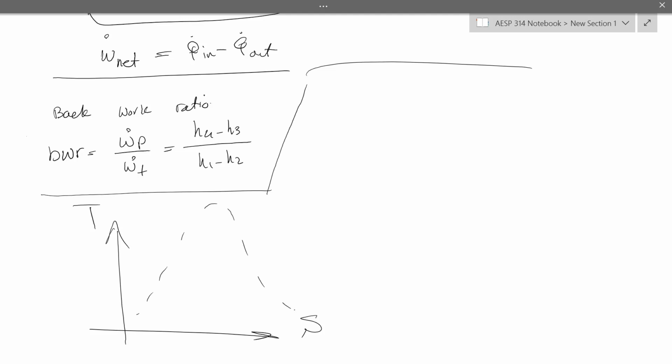For the most part. So we have the state 1 here. Then we are going to lose some energy in the turbine to state 2 through an isentropic process. Then we are going to lose some energy to a state 3 through an isothermal process.